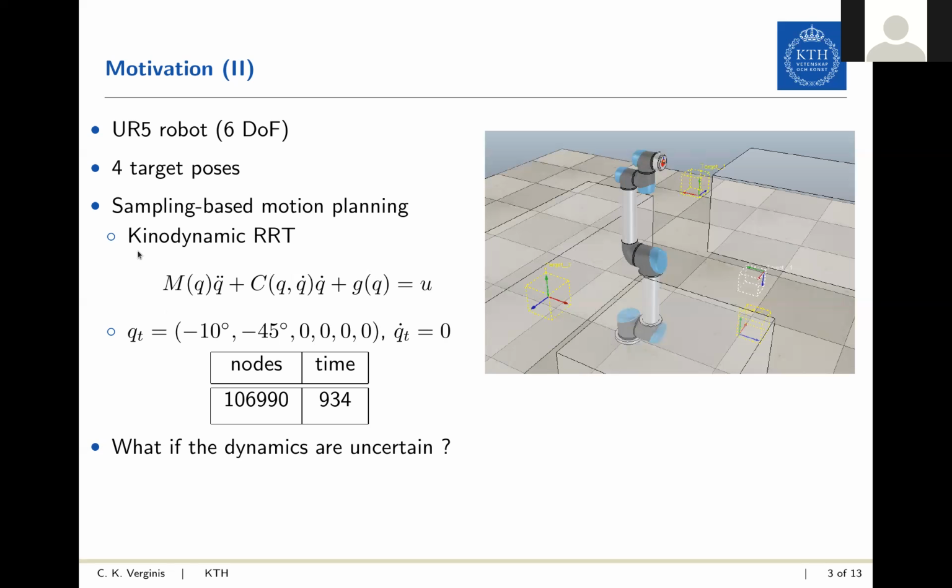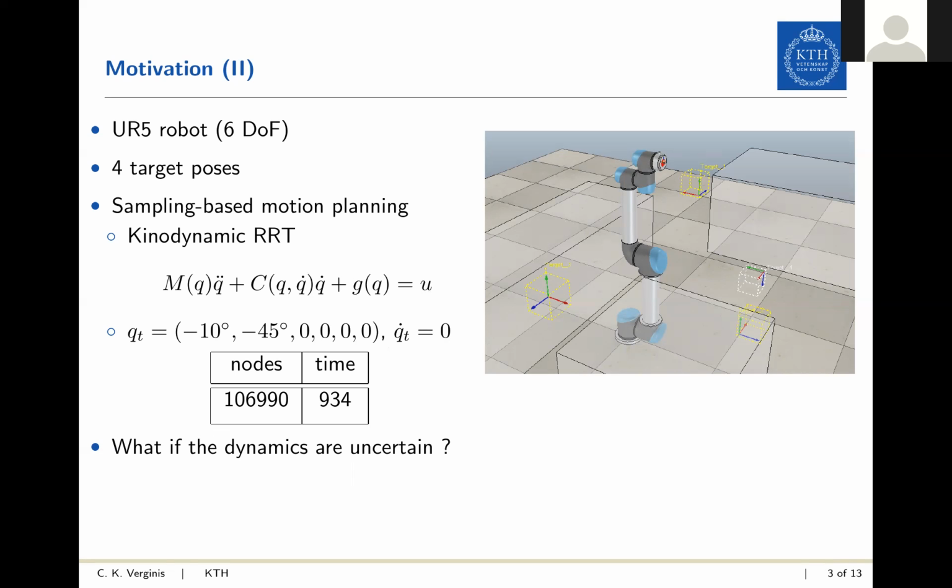So in order to take into account such dynamics, there have been kinodynamic algorithms developed, which now instead of just sampling joint space points, they also sample velocity points. So considering the state space of the system, so joints and velocities, and by randomly selecting control inputs, they simulate the system such that these dynamics hold, in order to see where the system ends up.